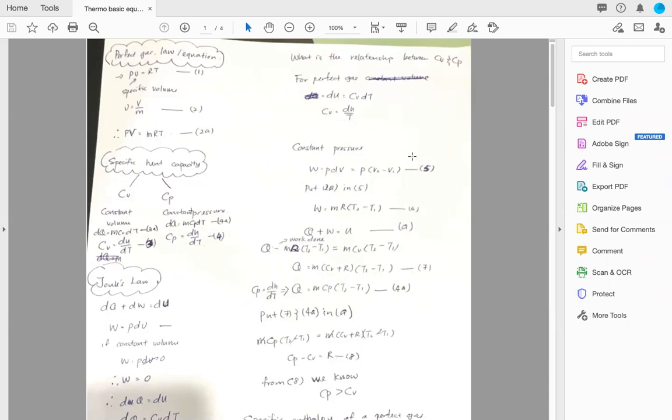When we look back into your engineering thermal, very common we deal with perfect gas because we want to know the perfect condition, what happened, and then you are going to involve more complicated condition.